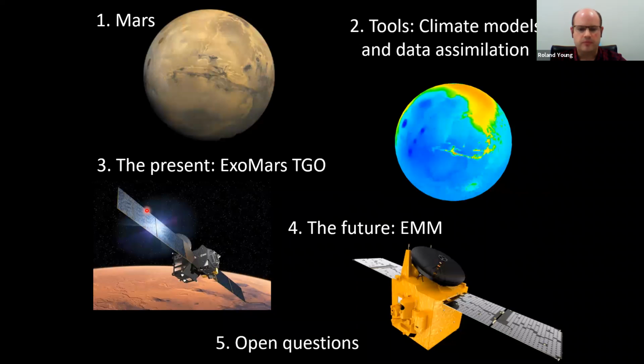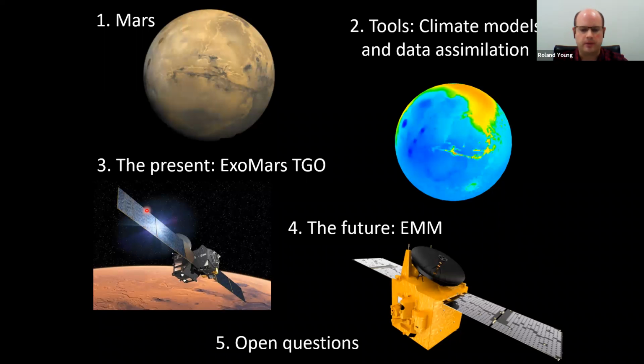This is the general outline of the talk. I'm going to talk briefly about Mars itself. My interest in Mars is in its atmosphere, so I will talk mainly about its atmosphere and climate. I will then talk about the tools I use to study the atmosphere, which are a combination of numerical climate models and a technique called data assimilation.